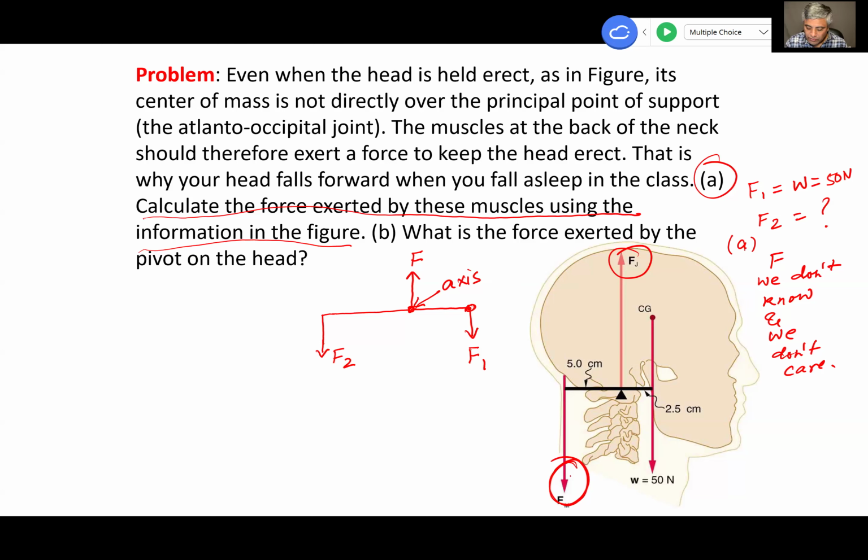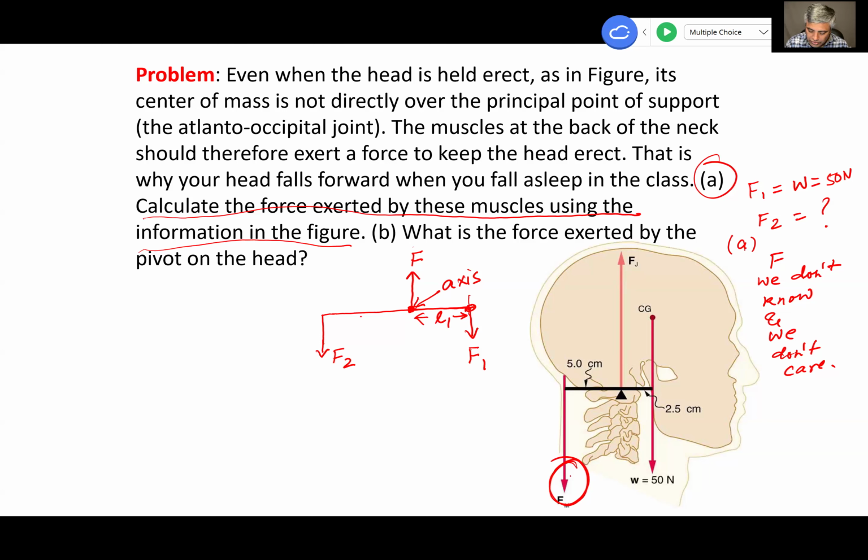So what happens? Once you have this line of force passing through the axis, it means lever arm is zero, means torque is zero. So torque due to this force is going to be zero. So when we do sum of the torque, that force is not going to be in the equation, okay? So with that, now also label the lever arms, right? So this force is perpendicular to this. So that means this is going to be the lever arm for that force, say L1.